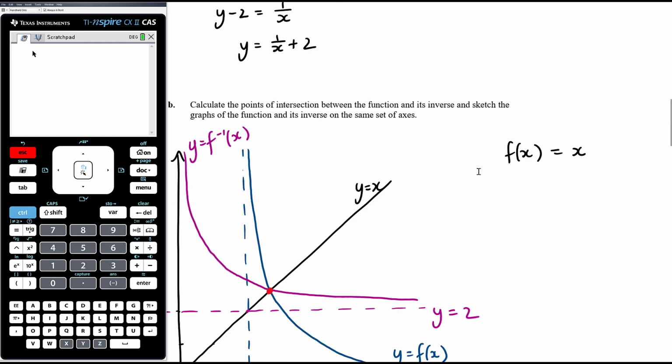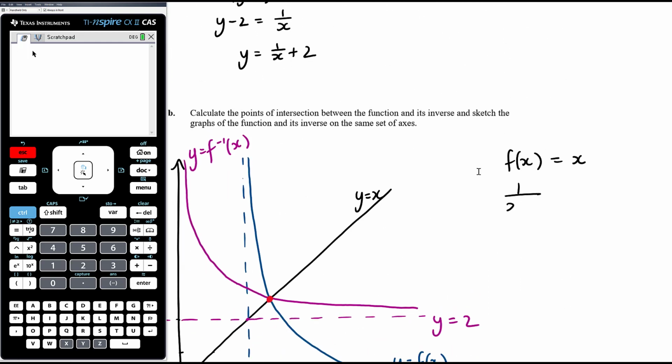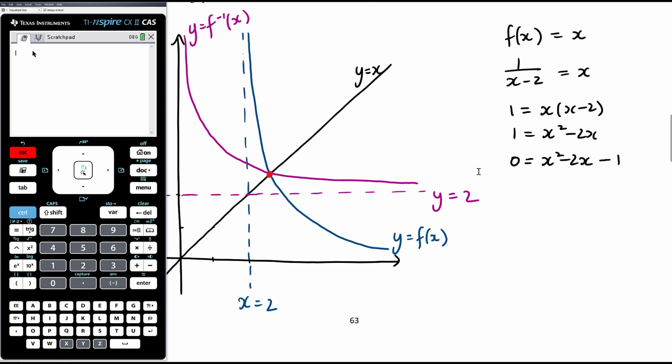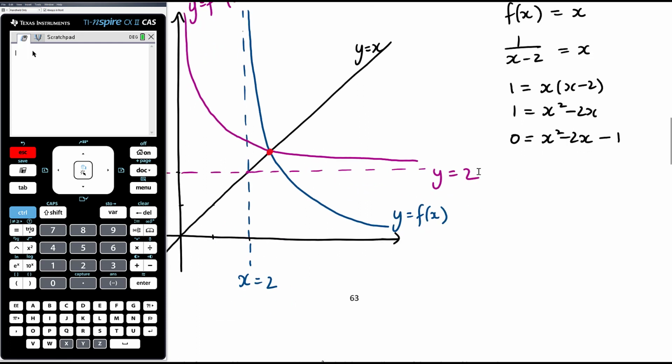So our original function is 1 on x minus 2, and that's going to equal x. So we're multiplying both sides by x minus 2. Let's expand out that right hand side, x squared minus 2x. Let's make one side 0. Factors of negative 1 that add up to negative 2, they don't exist, so we're going to need the quadratic formula to solve this.